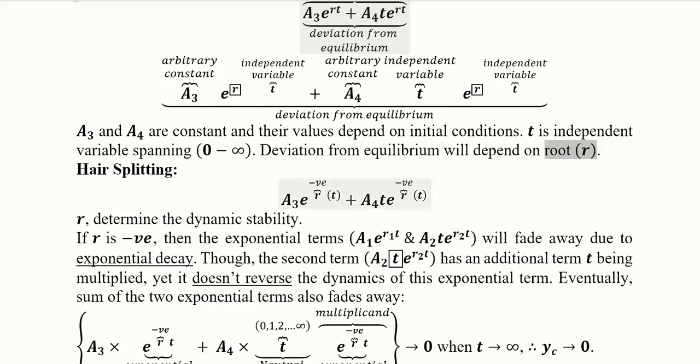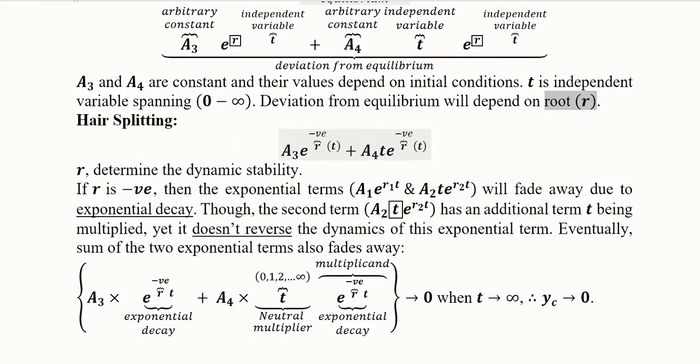Now let's do the hair splitting of this complementary function. It is quite synonymous to the distinct real root case because again we have an exponential function, and exponential decay will help us to reduce this term to 0. So this r, that is the equal real root, should be negative so that the exponential decay takes place.